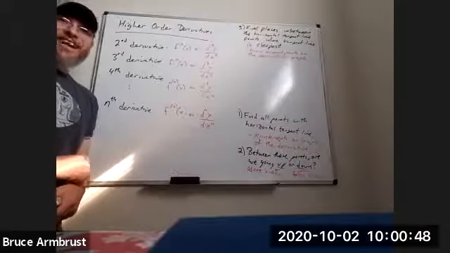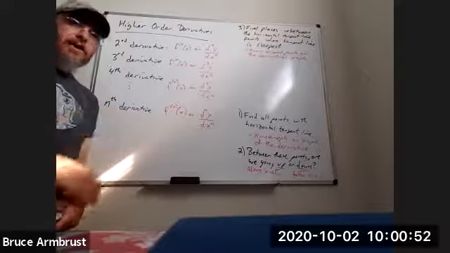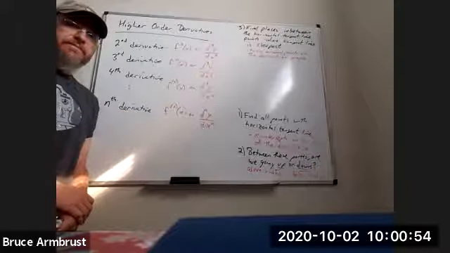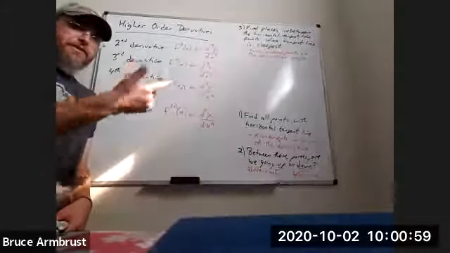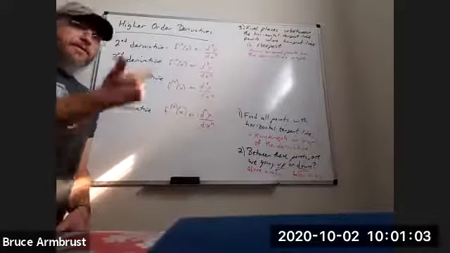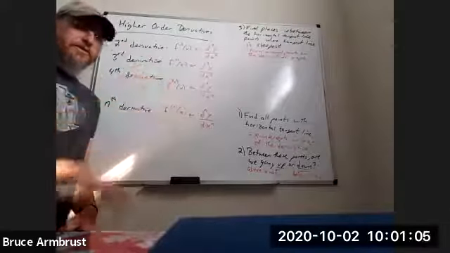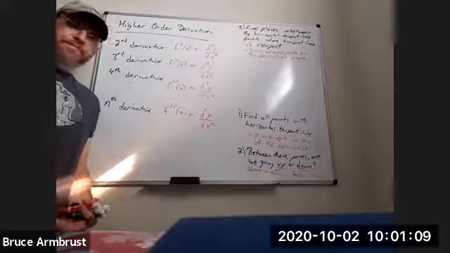All right. So the second derivative is the derivative of the derivative. The third derivative is the derivative of the derivative of the derivative. The fourth derivative, the derivative of the derivative of the derivative of the derivative. Okay, so we're not doing anything new.